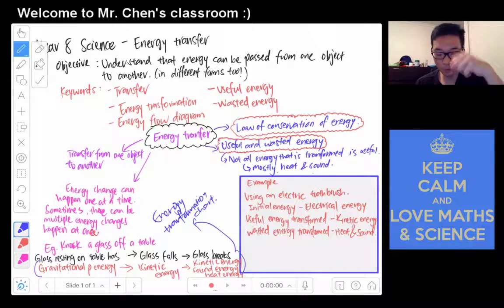So when you start it, it moves, which is your kinetic energy, and that is the useful energy to brush your teeth. But at the same time, it also produces waste energy, which is heat and sound. These two are not necessary, as in they don't serve a purpose. That's why we call them waste energy.